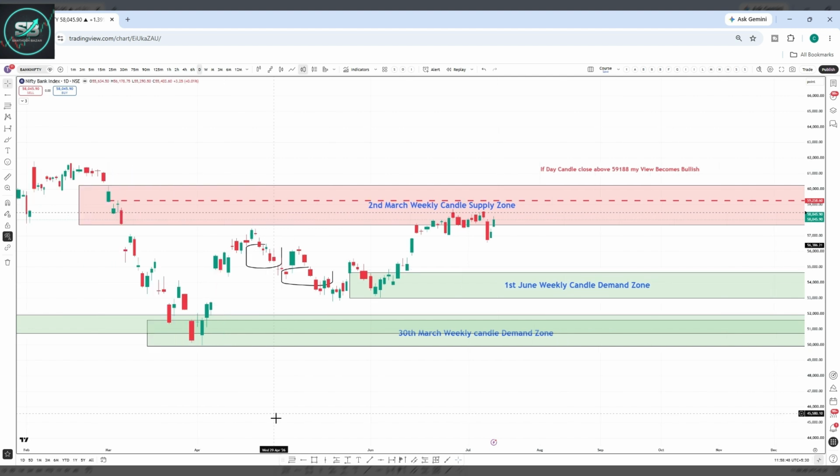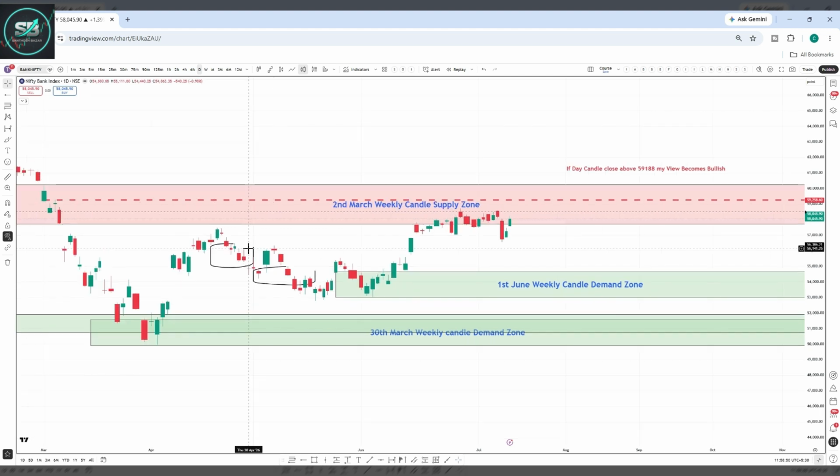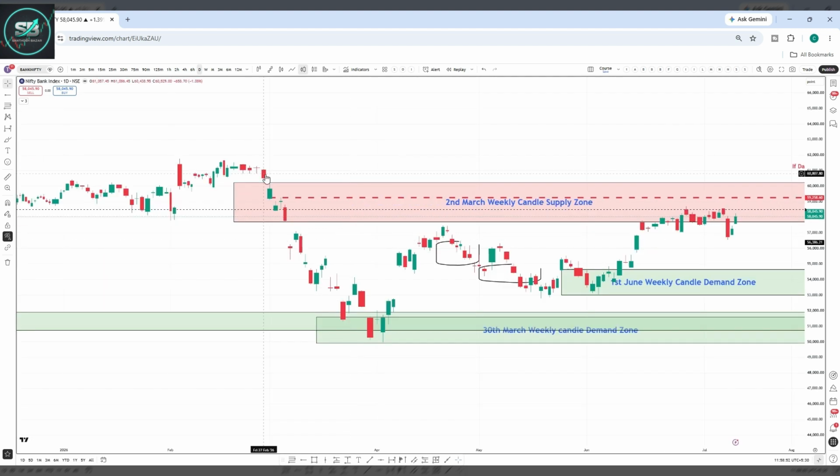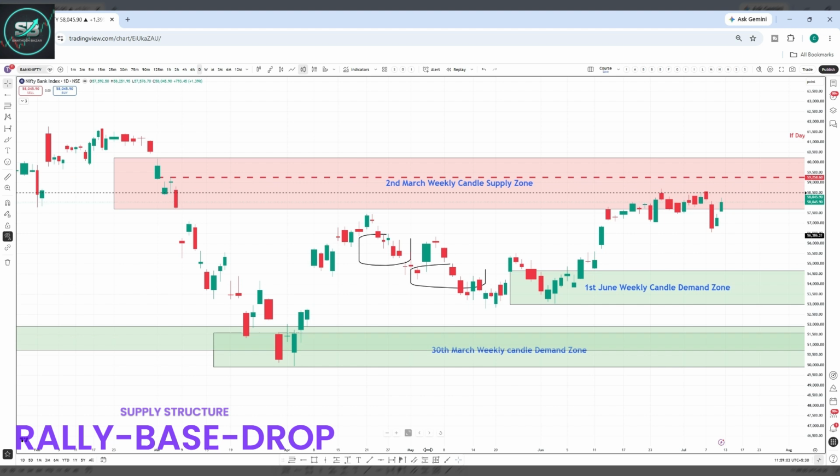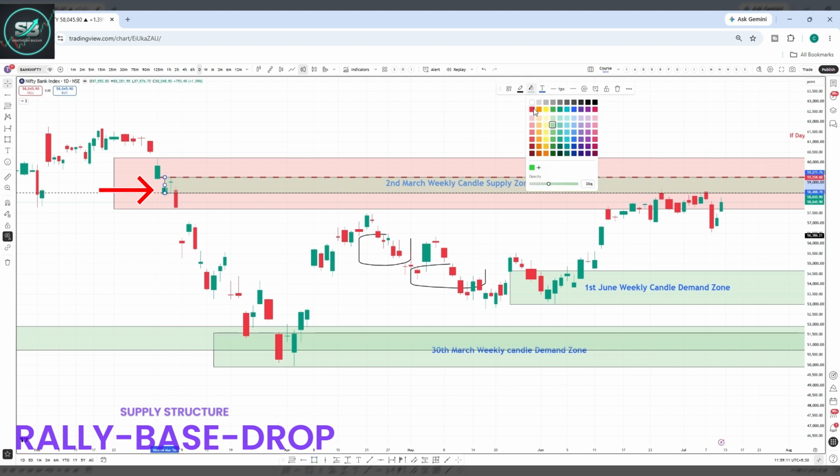On the daily time frame, here if you see drop, base, and a drop. So this is a green candle. So rally, base, drop. Here we got a supply zone on the daily time frame. This green candle on the daily time frame in Bank Nifty is the supply candle.